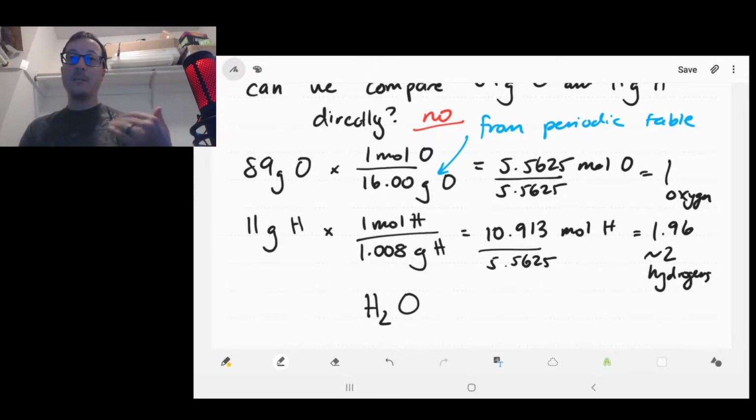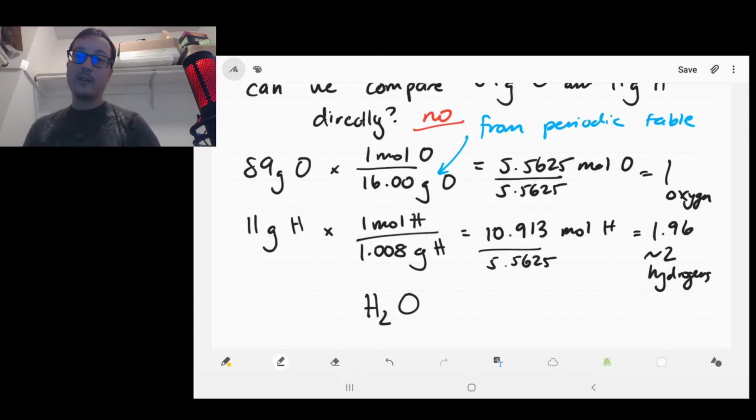So remember, we can't compare mass directly. Mass we can get from experiments very easily. But we can't use that directly when we're actually working with these numbers, because each atom of every element weighs a different amount. So we need to take that into account here by neutralizing the playing field by converting everything into moles.